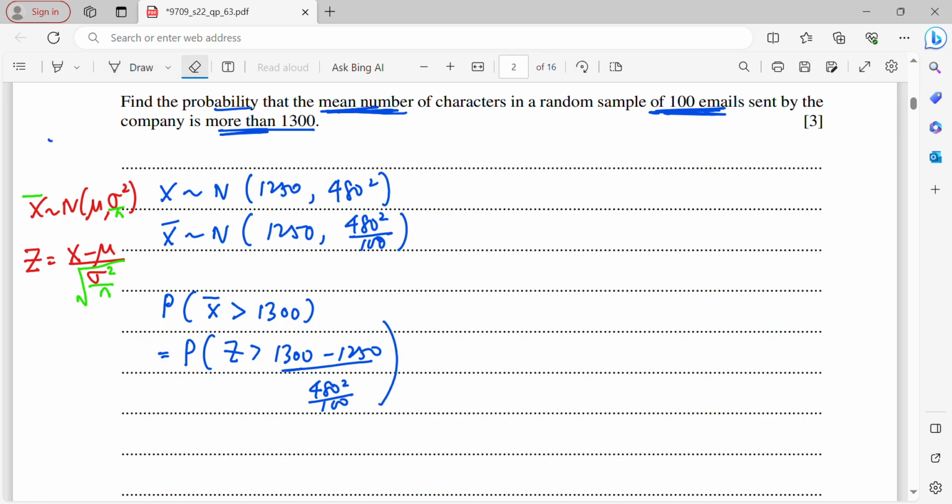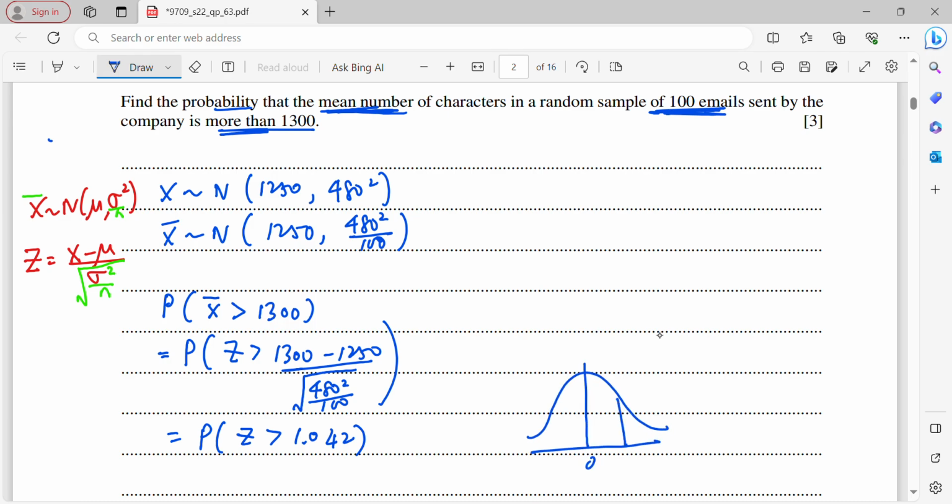When you calculate this value, it will be Z more than 1.042. Now here we need to sketch the normal graph. 1.042 is on the right side, and this is greater than.